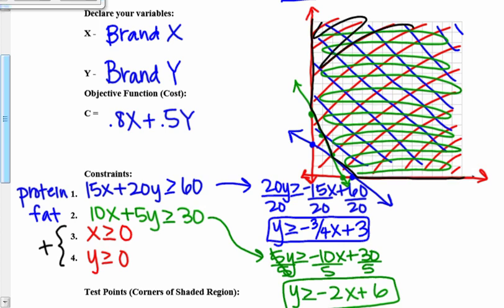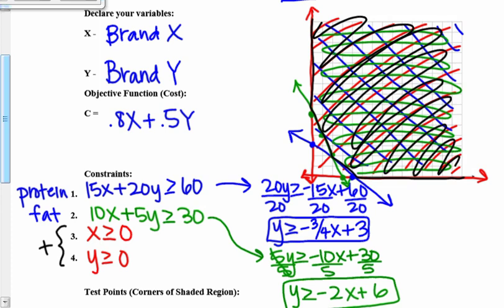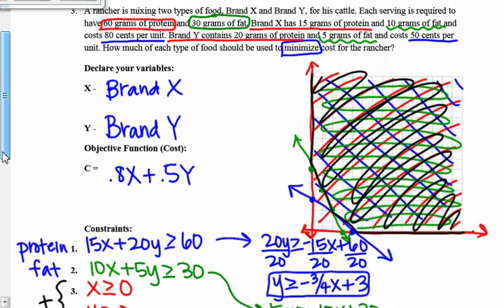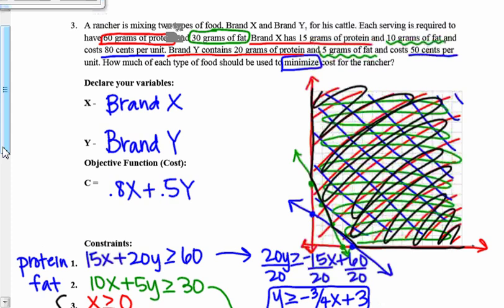So everything that's in black right here is shaded by all of those shadings, which means any of that is fair game. Now, that makes sense because when the rancher is mixing food, he could put 1,000 units of brand X and 1,000 units of brand Y and mix food for his cattle. He could mix in 1,000,000 units of brand X and 1,000,000 units of brand Y and mix for his cattle. It really doesn't matter. So basically, anything in that shaded region is fair game.